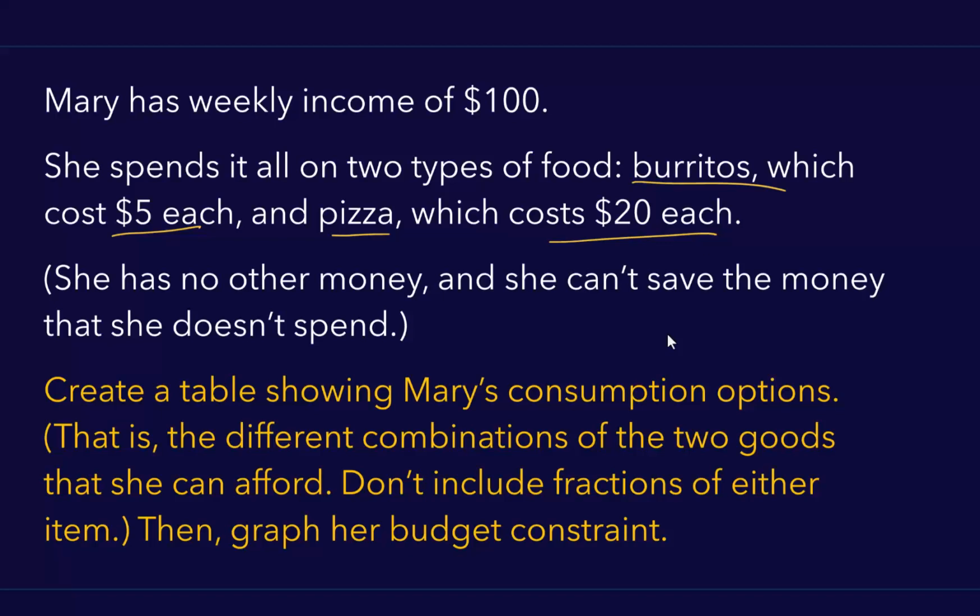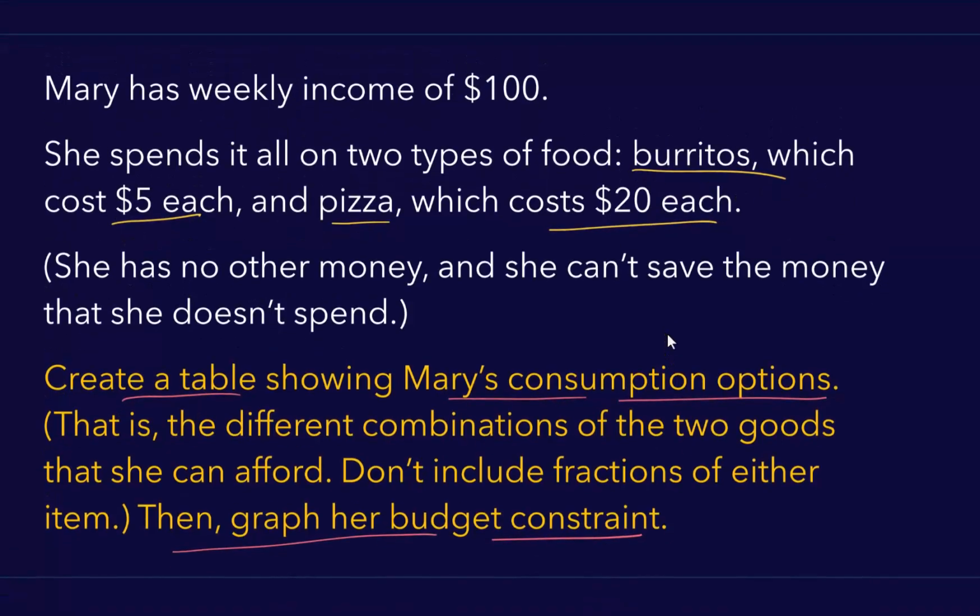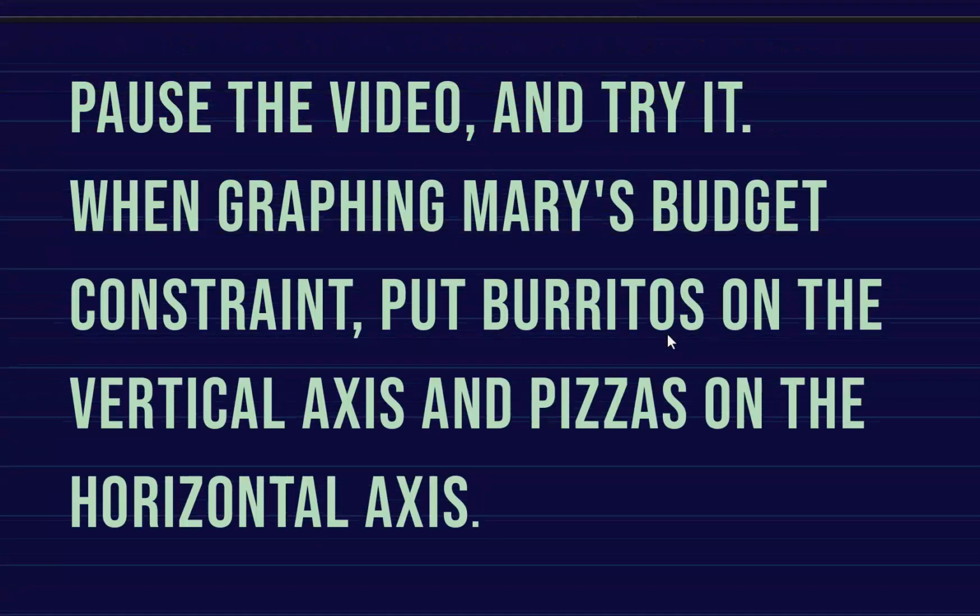Okay, so you should try this, and I'll do it myself. Create a table showing Mary's consumption options, so that's the combination of the 2 goods that she can afford. Don't include any fractions of the goods, and then graph her budget constraint. Okay, so you can pause this and try it.